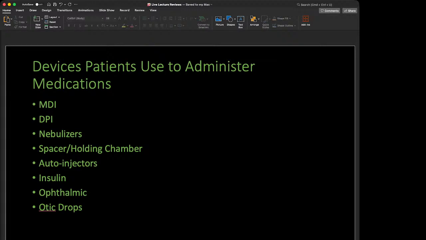Nebulizers, spacers and holding chambers, auto-injectors, insulin, ophthalmic eye drops, and the otic drops for the ears. So these are some of the devices you would consider as being used to administer medications.